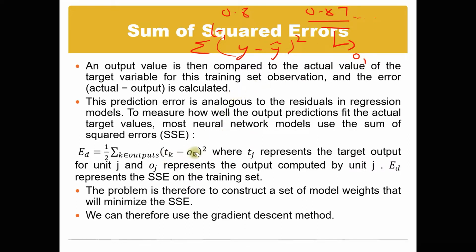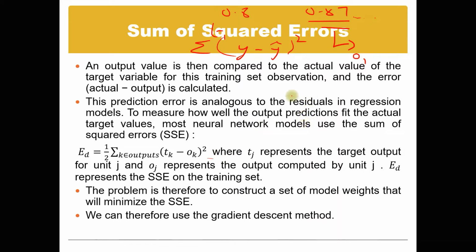But if you have more than one output, then the sum is important to take into account, because then you are not going to just take 0.8 minus 0.87 squared, but you would have to consider it for each and every node. This is why you have k in the summation. The k represents the different output nodes.